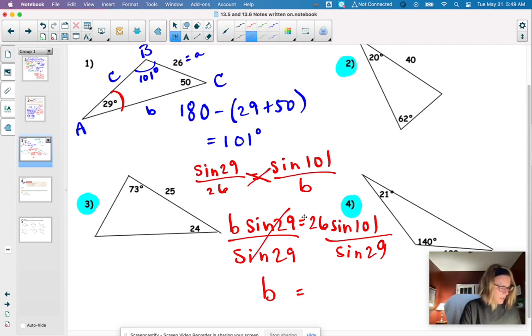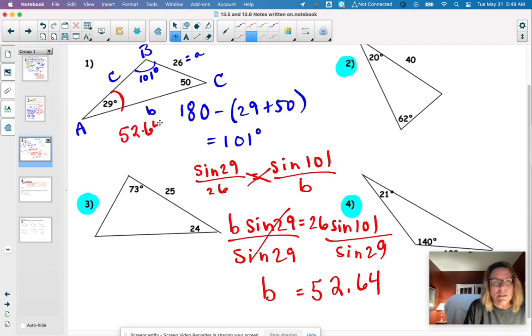So 26 sine of 101 divided by sine of 29 is 52.64, rounded to the nearest hundredth. So this is 52.64.